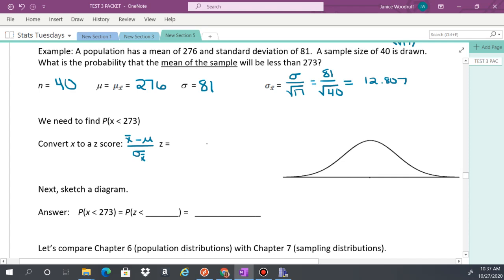So x bar here is going to be the 273, that's given to you in here, the mean of the sample. So 273 minus the mean, 276, over the standard deviation of x bar, which we found up here to be 12.807.